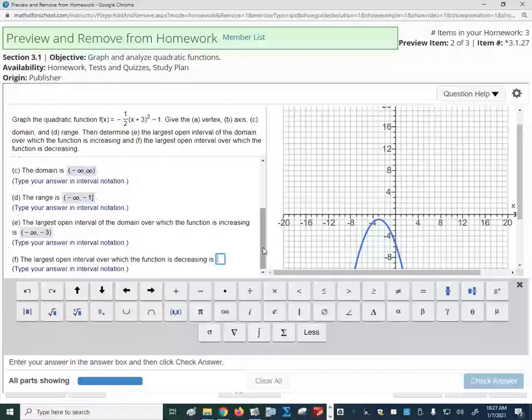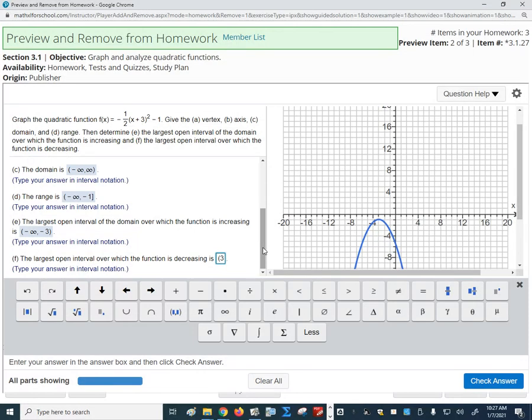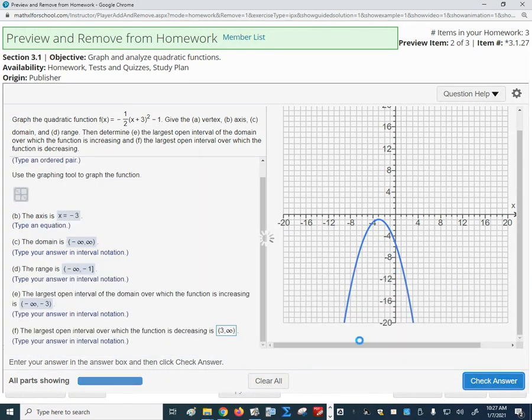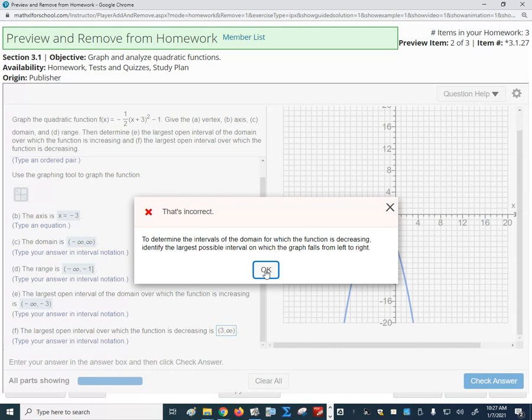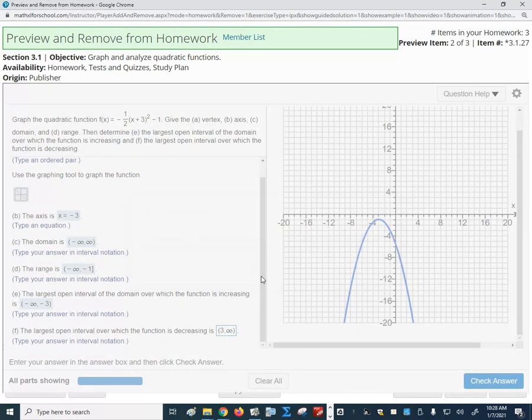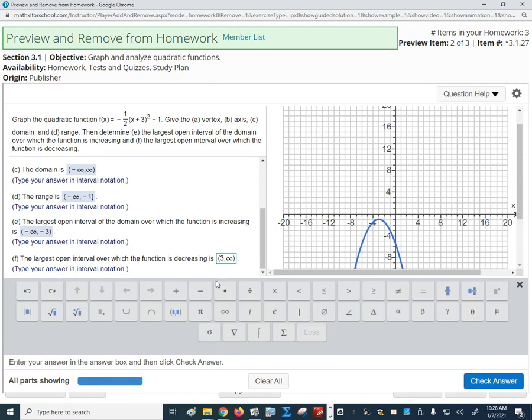So that would be one where I would put parentheses and a 3 because we don't include the 3, comma, infinity, parentheses. Oops, what did I do? We put 3 instead of -3 for the last one. Oh, yeah. I gotcha. Okay.